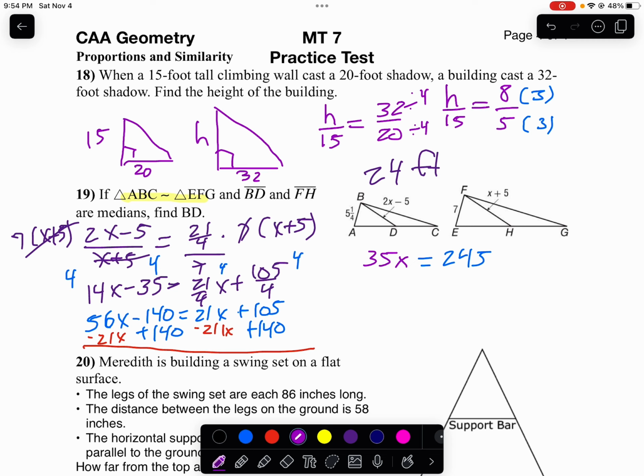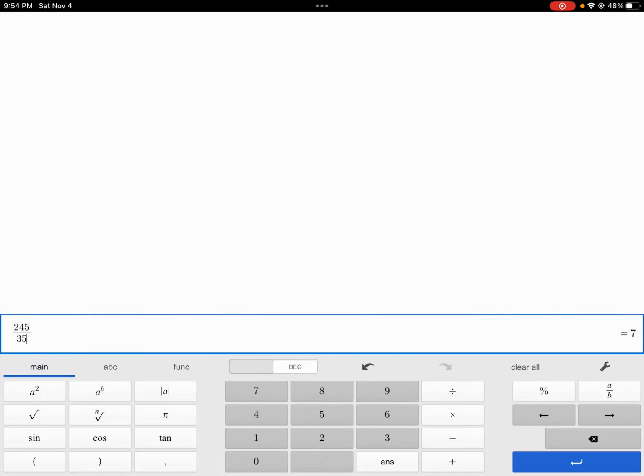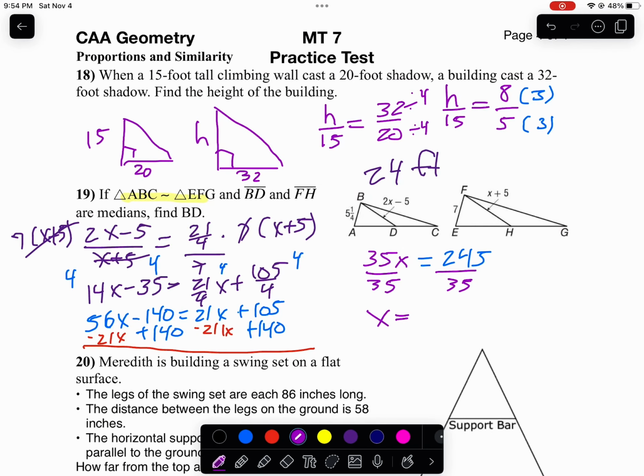And then we'll divide both sides by 35. So x is 245 divided by 35, and we get 7. And that's all we had to do on this one. So x is 7.